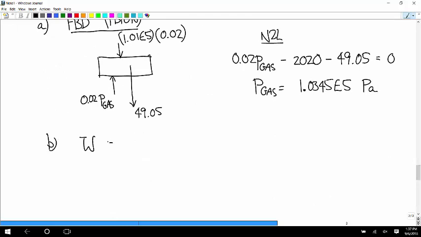So the work is equal to the integral, so before we do this, the whole idea of this problem was to show what to do if you're given stuff as intensive properties. Well, the work is equal to P dV, but we don't have big V yet, from V1 to V2.